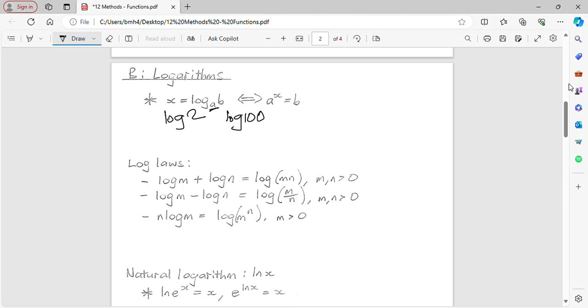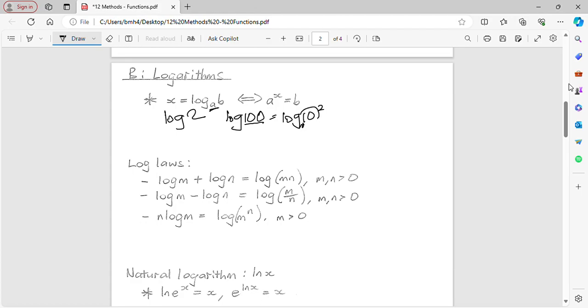And so how you work out logs of base 10 is you can use the calculator, but if you've got a power of 10 sitting here, we can say that that's equal to log 10 squared. And so the logarithm of a number is the power the base is raised to.